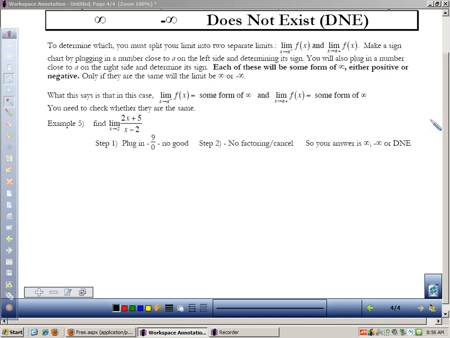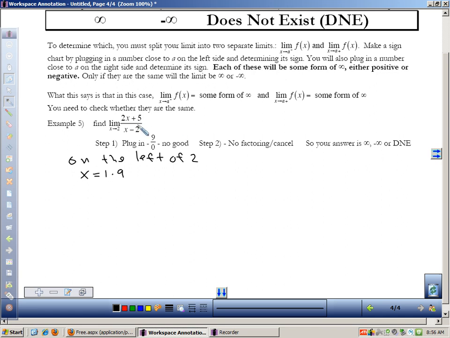So we're going to look at a number on the left of 2. Two is the number that we're approaching. We're looking for our limit. So on the left of 2, I'm going to choose 1.9. 1.9 is a little smaller than 2, so it's left of 2.